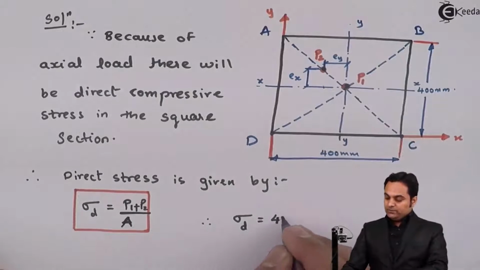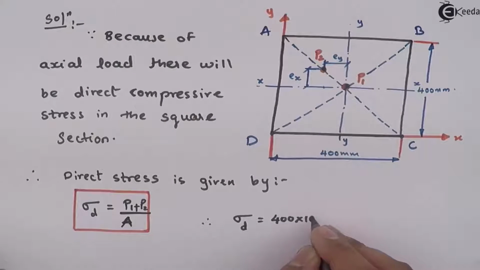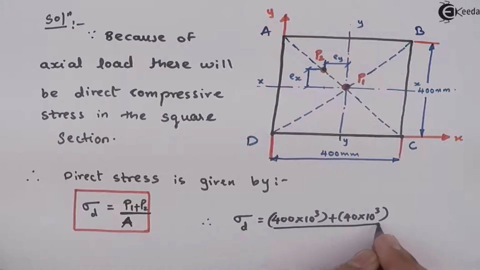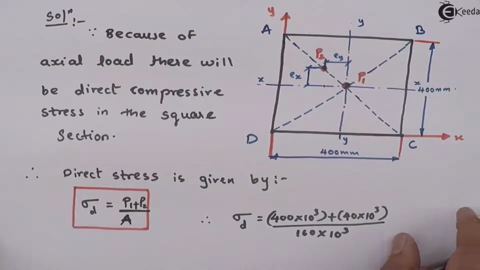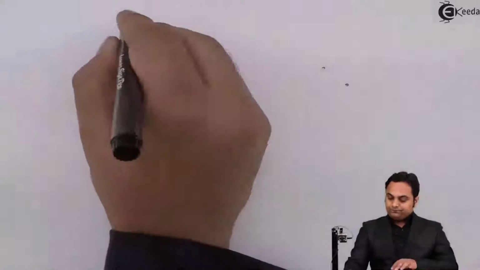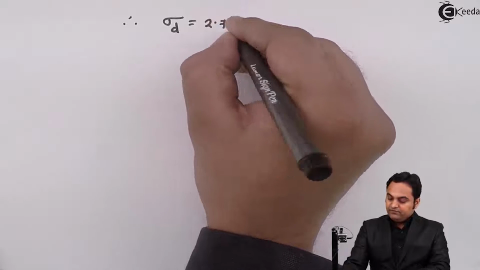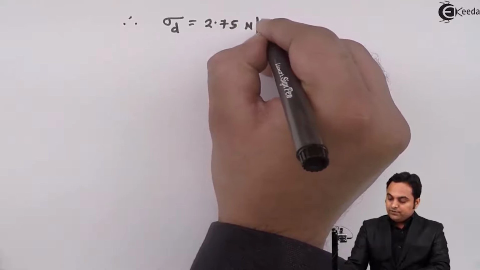So P1 was 400 into 10 raised to 3, P2 is 40 into 10 raised to 3, area 160 into 10 raised to 3. So from this I'll get direct stress. I'll write the answer onto the next page. Therefore direct stress is 2.75 Newton per mm square.